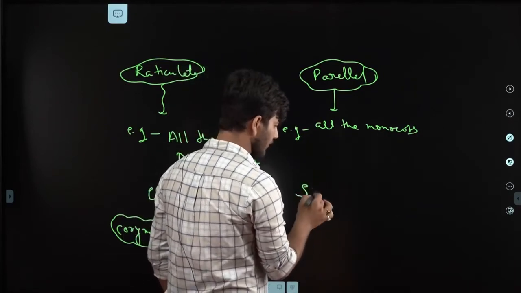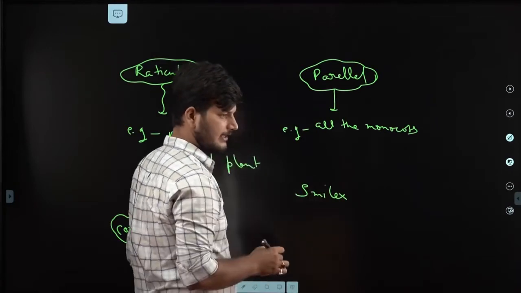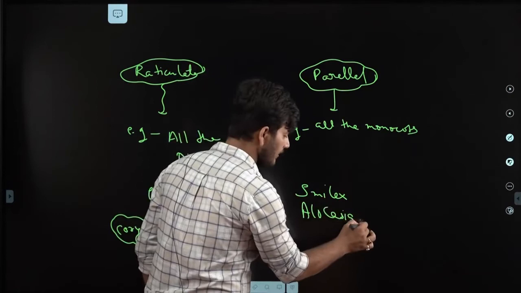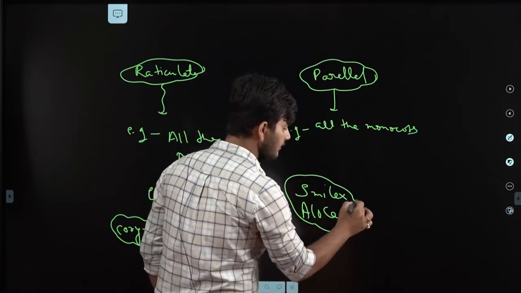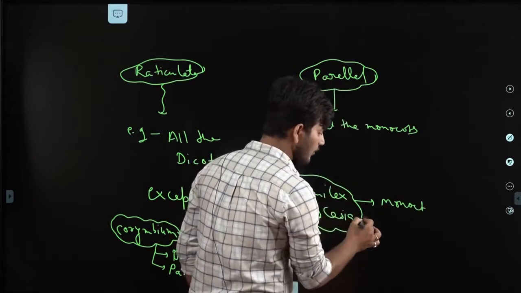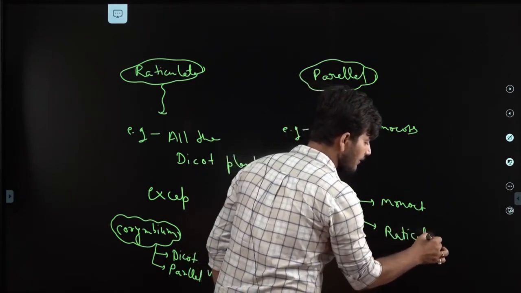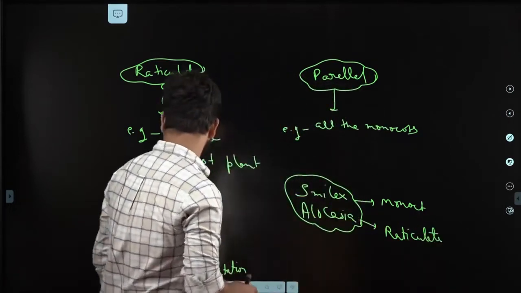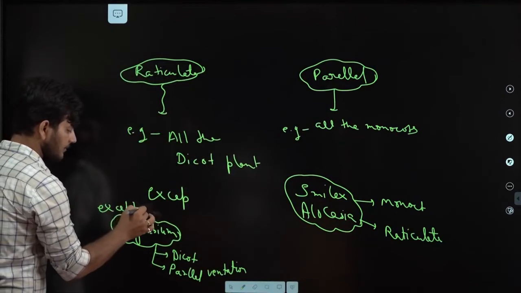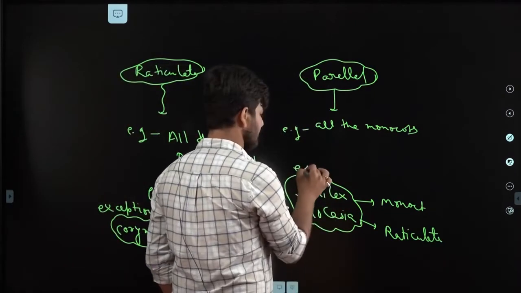You would have heard about Smilax, and the second one is Alocasia. Both these plants are monocots, but even being monocots, they show reticulate type of venation. So we can say that both of these are exceptions.